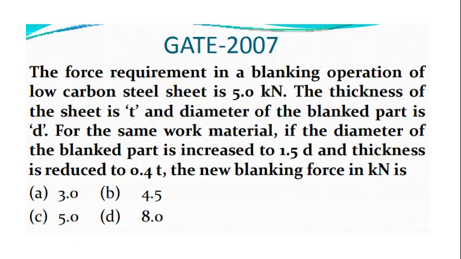Okay, let's read this question. The force requirement in a blanking operation of a low carbon steel is 5 kilonewton. The thickness is t, diameter is d. For the same work material, if the diameter of the blank part is increased to 1.5 d, the thickness is reduced to 0.4 t, the new blanking force.